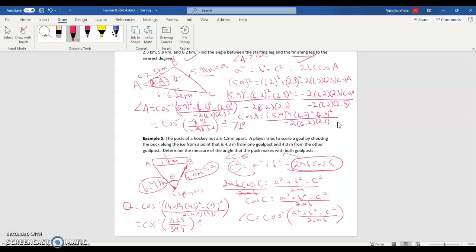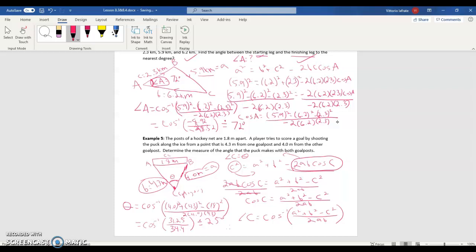And so we're going to round once we figure it out. So let's see, we have 31.25 divided by 34.4. Let's do the inverse cosine. And we're going to get 24.71. We'll round to the nearest degree. So we get about 25 degrees.